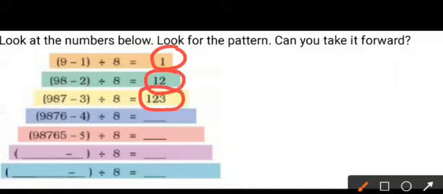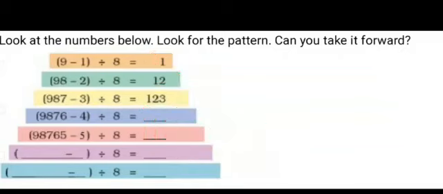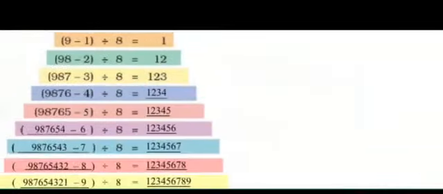So which number will come? At the 4th step it is 1 2 3 4. Next is 1 2 3 4 5. Next 1 2 3 4 5 6. It means we have to write the next number at every step. The answer of this pattern is like this. Now just check your answer.